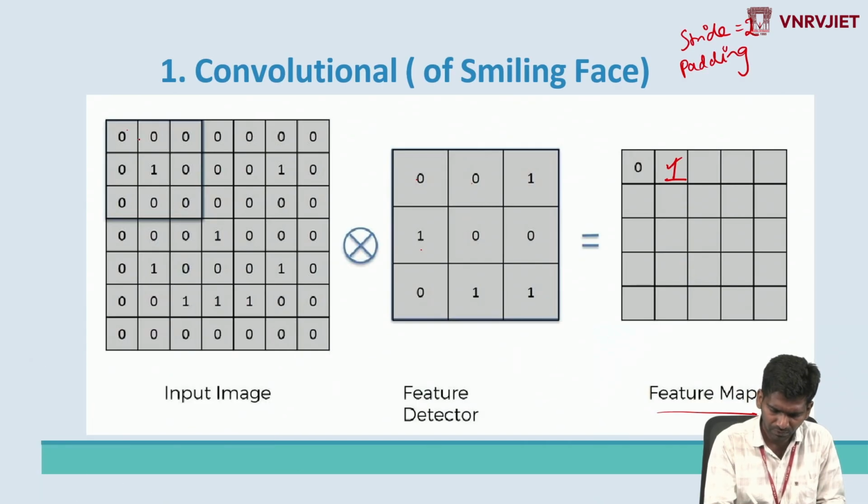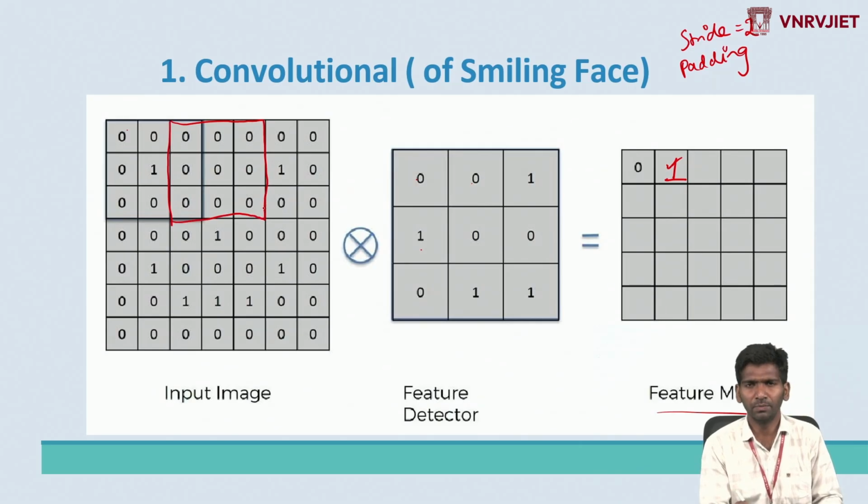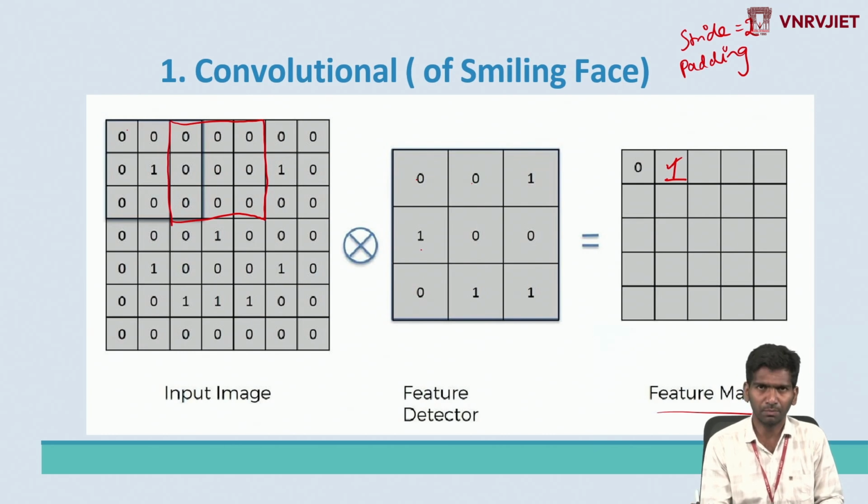Previously we considered this, now we will consider this 3 cross 3, which means we will be incrementing by 2. If the stride is 3, we will increment by 3, consider the next section of the input image, apply this feature detector, multiply them and fill this feature map. So depending upon the stride, we will consider the input area.